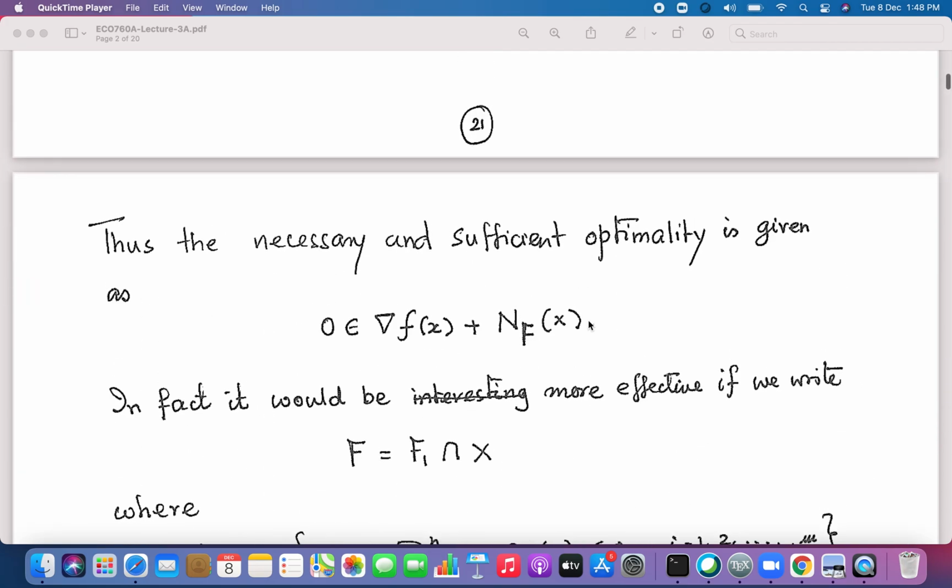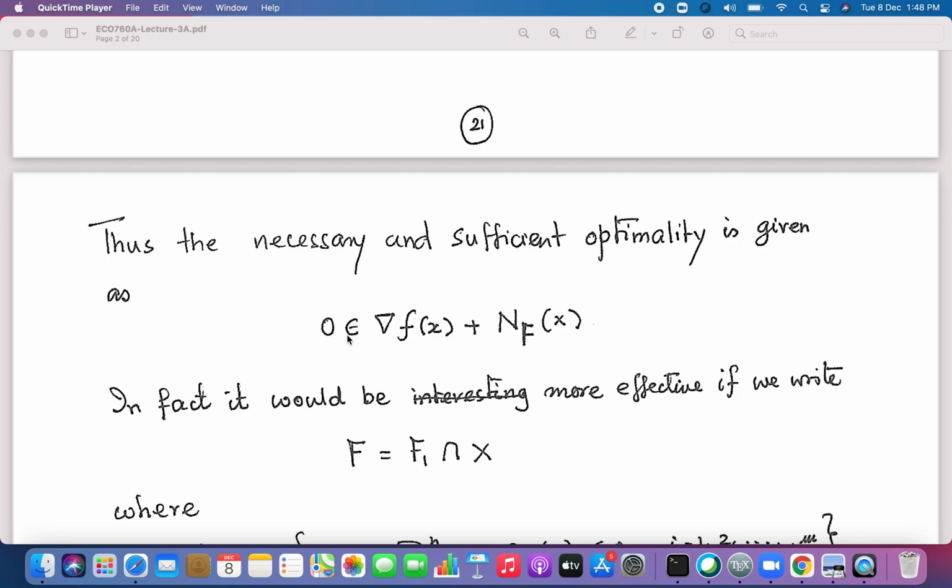I'll simply write, suppose this was F1, there was no x here, or x was open. If this was F1, I will have some lambda_i's for which the summation of lambda_i grad g_i(x bar), where i varies over I(x bar), is an element of N_F1(x bar) whose sum with grad f(x bar) would give me 0, or minus grad f(x bar) can be exactly written in that form because it's an element of N_F1(x bar).